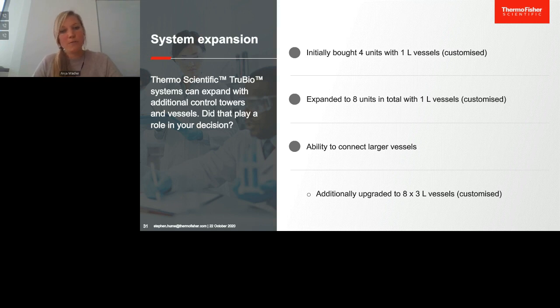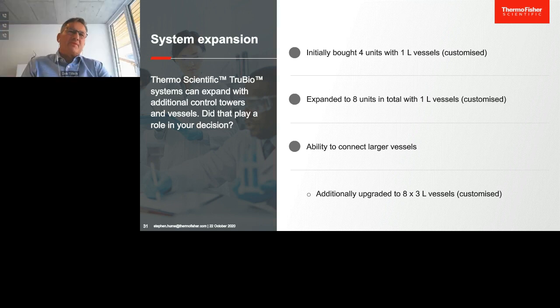And then actually after 1 year, we upgraded to another 4 units to have 8 in total, again with 1 liter vessels, but we also made use of the ability to connect larger vessels. So we upgraded to another 8 3 liter vessels as well.